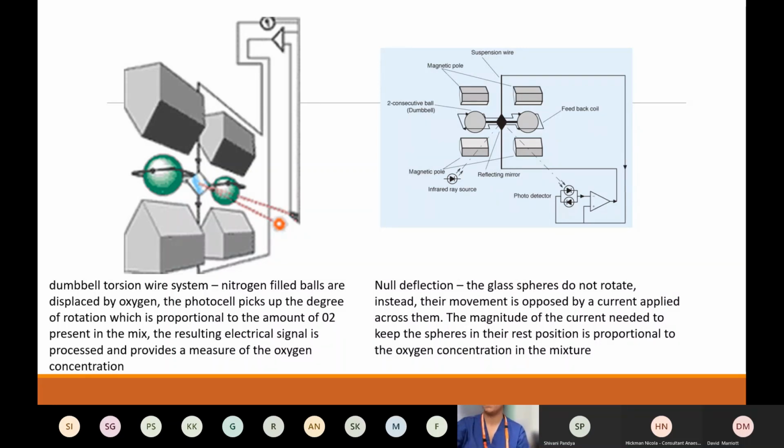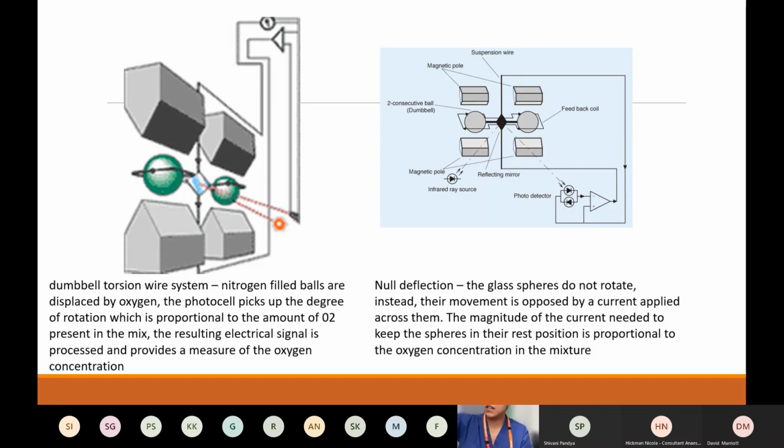Above and below them are magnets, which are generating a magnetic field. When oxygen enters this area, the magnetic field attracts the oxygen, and the oxygen bombards into the nitrogen-filled balls and displaces them, so it will cause them to rotate.